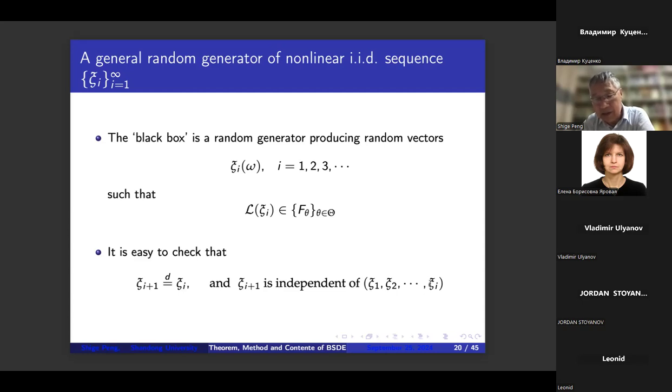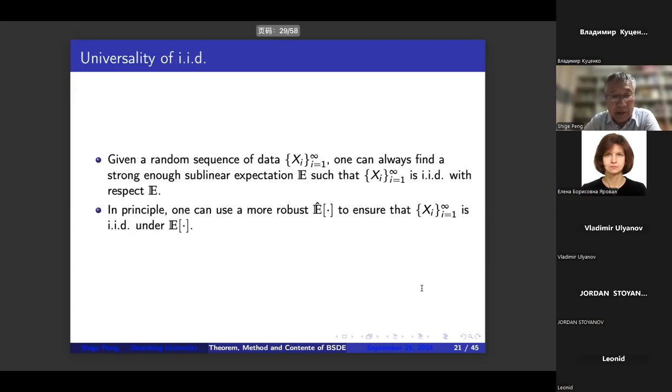We can say that this is only one-way independent. But of course it covers the classical IID as a special situation, and it gives us far more. So we also have the universality of IID.